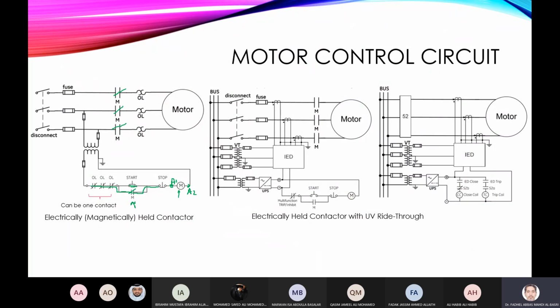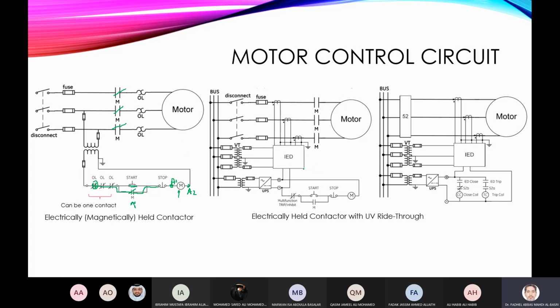For the three phases we have only one contact rather than three. During normal operating conditions, this is normally closed. So when there is an overload, this becomes open. Once open, it disconnects the contactor due to an overload condition. Sorry, the motor will be disconnected from the supply.